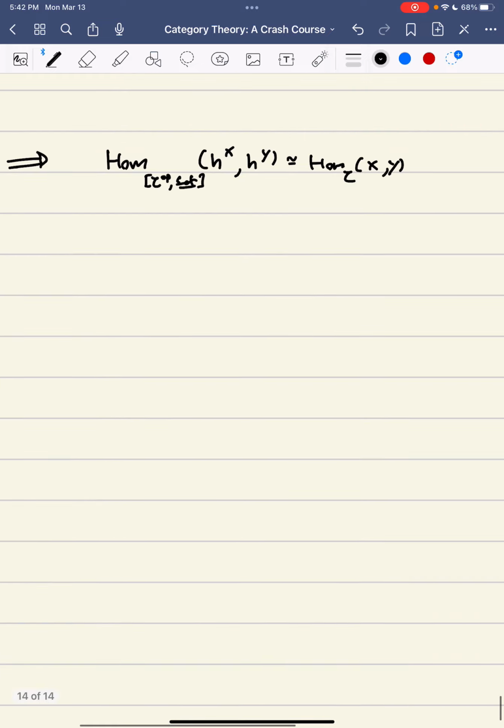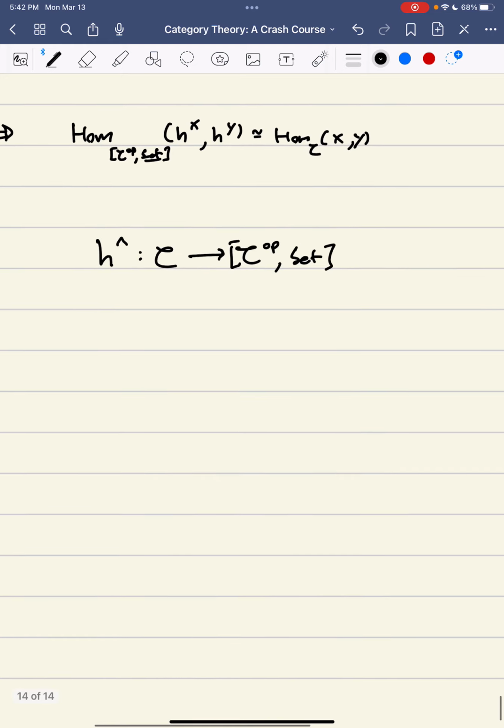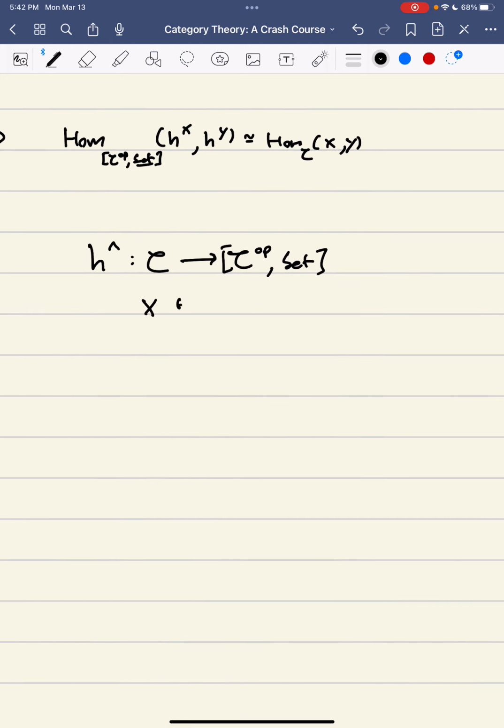Well, I can define a functor. Let's say from the category, I'm going to write it like this, from the category C into the category of functors, contravariant functors on C. So this sends any object x to the functor h to the x, which we saw was blank into x.